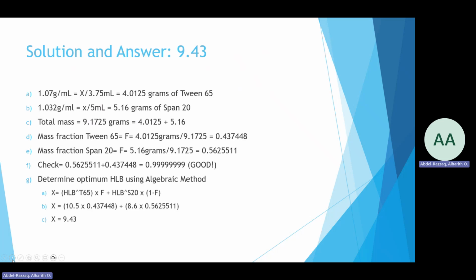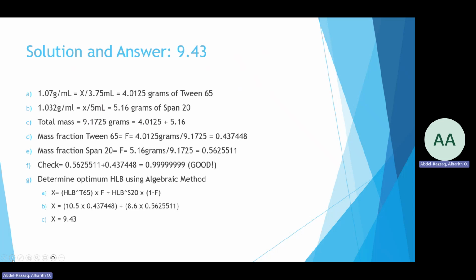Listed here is the breakdown. So what I first did was got the actual gram amount using the specific gravity of Tween 65. Then I got the one of Span 20. I then calculated the total mass, so I just added them together. And doing that will allow us to get our fraction. So then you get your fraction values for both using that total value.